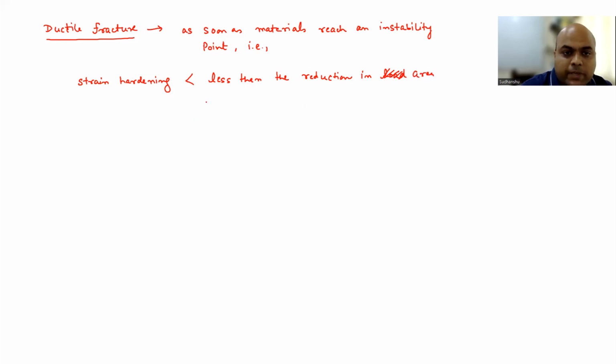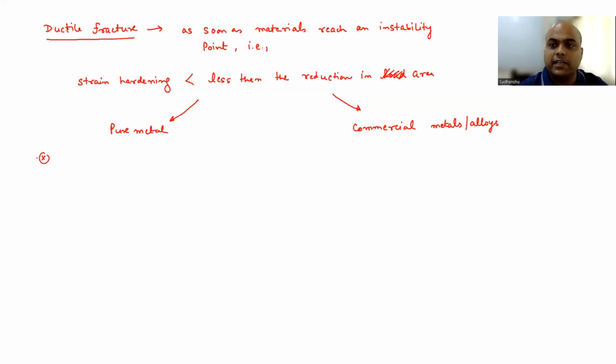Now we can have two cases. One is pure metal and another one is commercial metals and alloys. And there are some characteristics when we have pure metal and commercial metals and alloys and we do tensile testing.